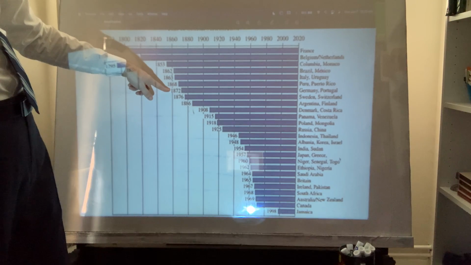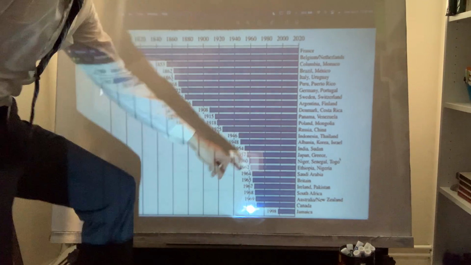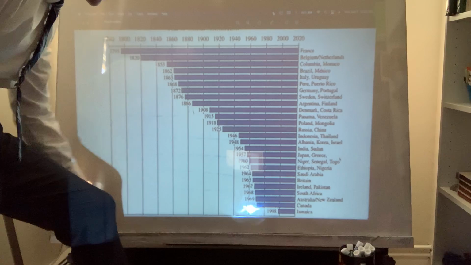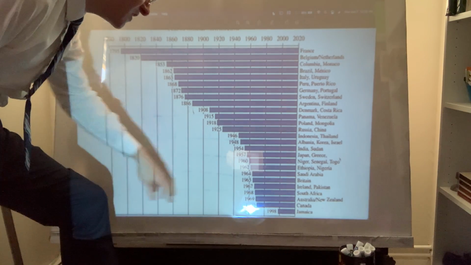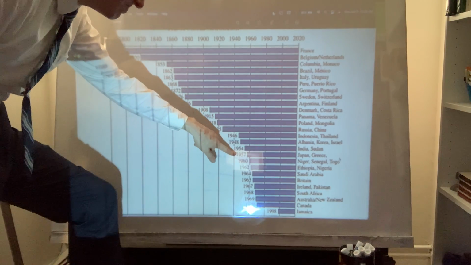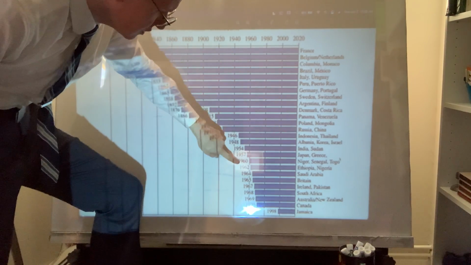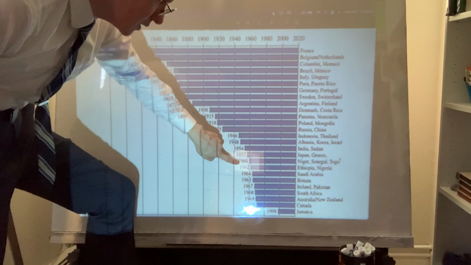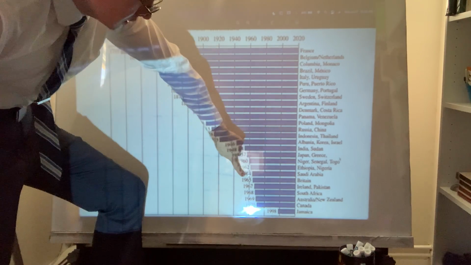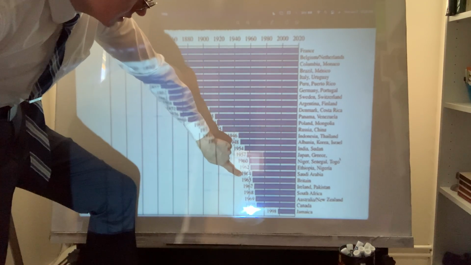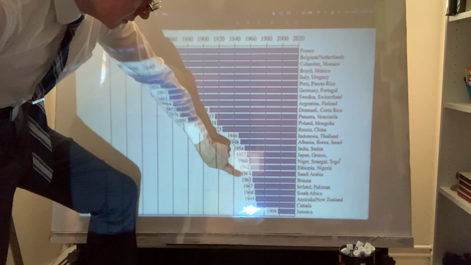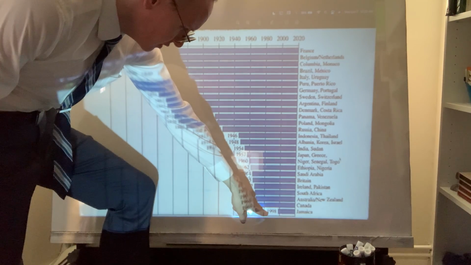Around then. Let's see. Russia and China, 1925. Japan, 1957. Ethiopia and Nigeria, 1962. The UK, 1965 looks like. And Jamaica, according to this, was the last, 1998.